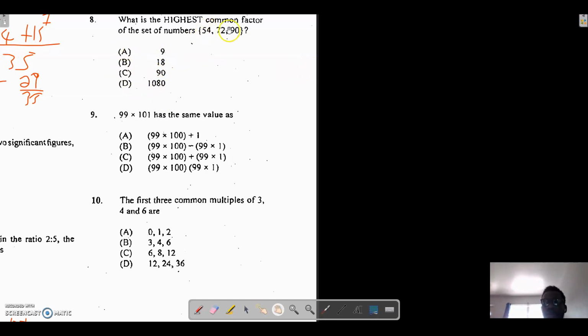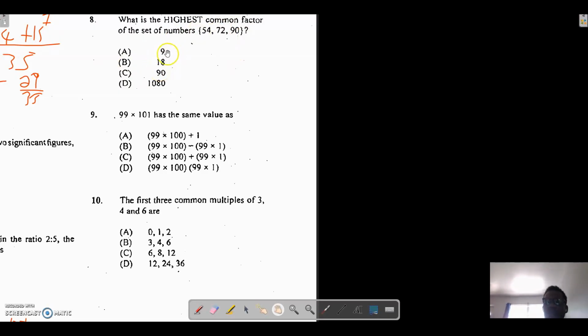We know that 9 can go into all of these numbers. What about 18? Can 18 go into all of these numbers? Here's an easy way to know. Since 18 is 2 times 9, if you divide any of these numbers by 9 and you get an even number, then of course 18 can go in there, because 18 is twice 9.